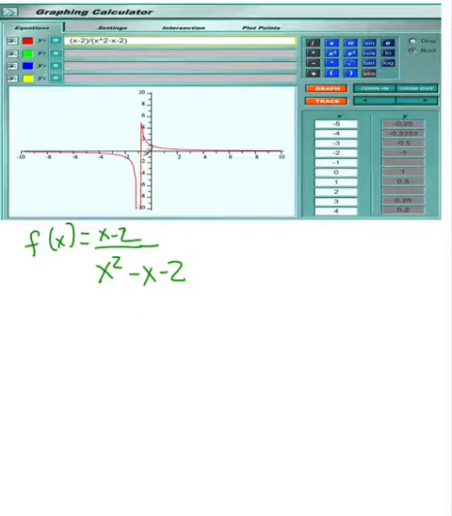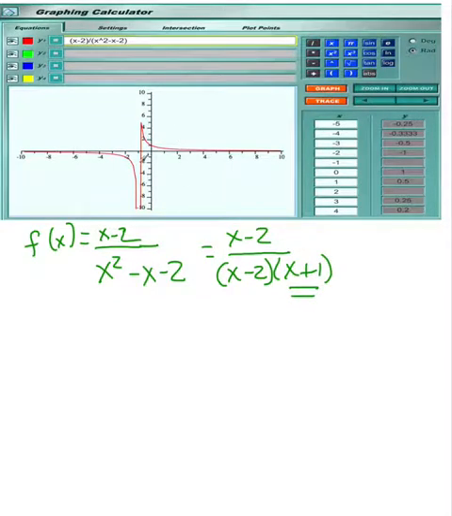Now, as we discussed before, at x equals negative 1, this function isn't even defined. Because this is what? x minus 2. All I'm doing is factoring the denominator. So when x is equal to negative 1, the function's undefined. Again, if you look on your graphing calculator, you're going to see this vertical kind of line.